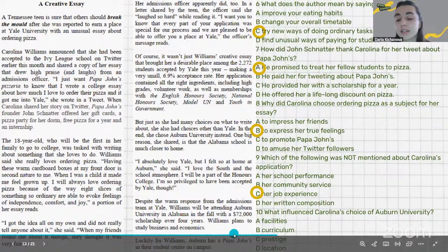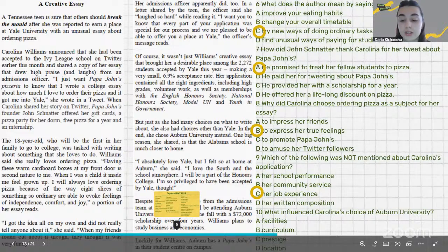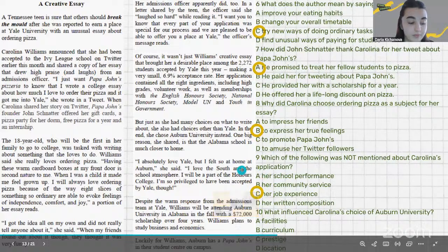Okay, and the last task for this text is what influenced Carolina's choice of Auburn University. So we have facilities, curriculum, prestige, and location.